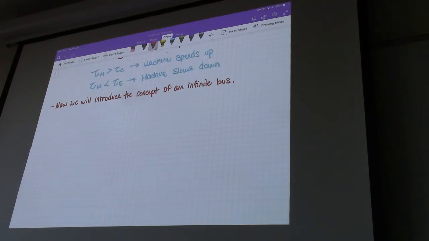We're going to introduce the concept of an infinite bus. Have I discussed that yet in this class, what an infinite bus is? Okay, so an infinite bus is really a bus or a node that can supply or absorb an infinite amount of power and maintain a constant voltage, okay?